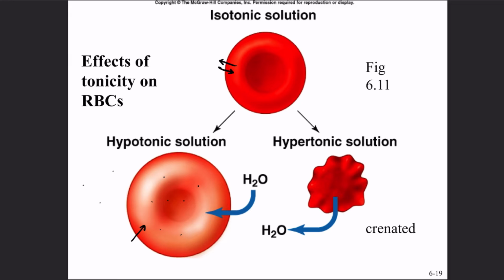The opposite is true of a hypertonic solution. That means that there is more solute on the outside and the pressure is greater than plasma, and so water is going to want to come out. And what this does to a red blood cell shape is called crenate. It causes the cell to crenate or shrivel.